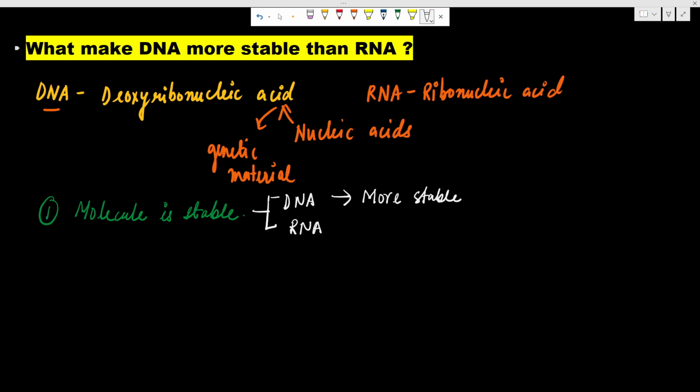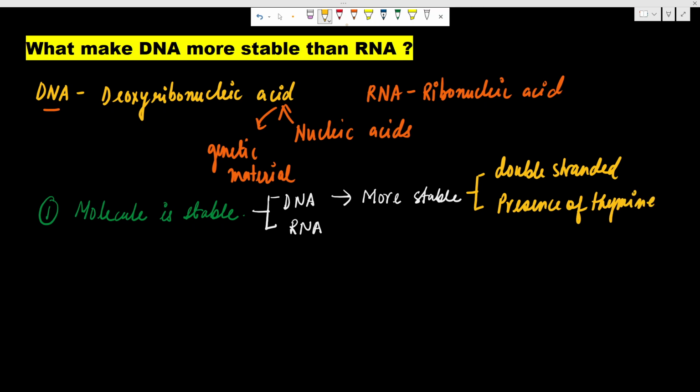So there are a few reasons why DNA is considered to be more stable. Firstly, it is double stranded. Secondly, presence of thymine. DNA has thymine instead of uracil. Okay.